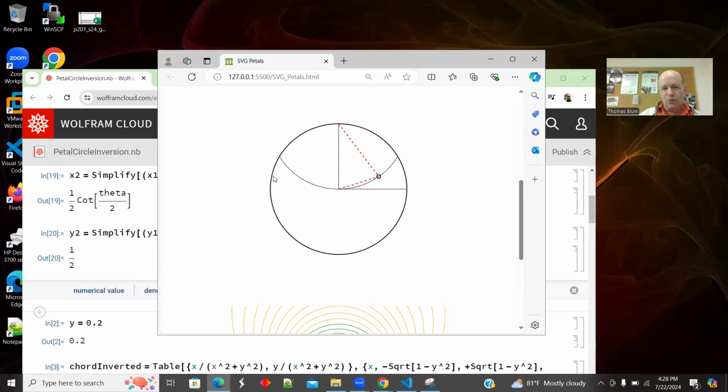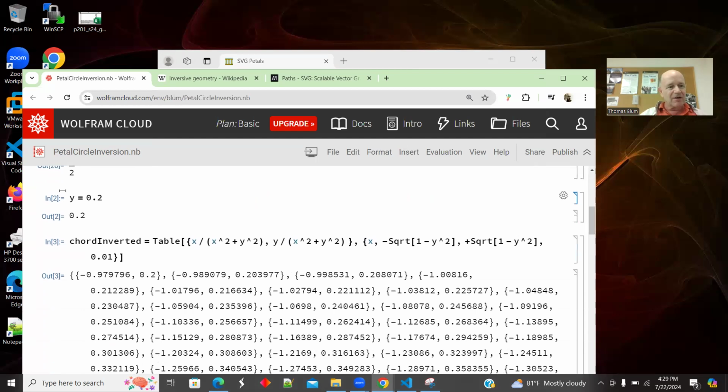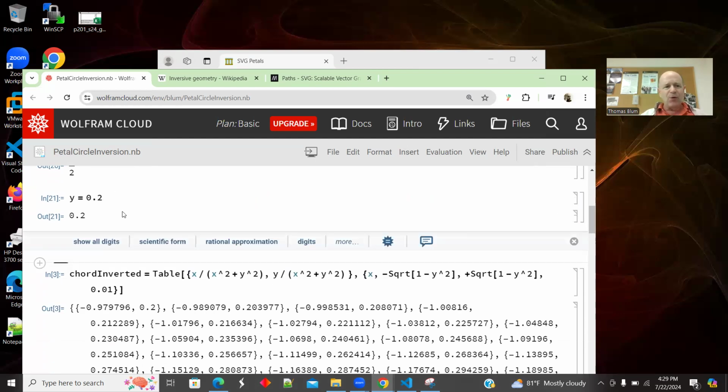But I decided to go more general and just take any horizontal chord and see what it mapped onto. So I stayed over here in Mathematica and I chose a y. So this is y of 0.2. It's no special value. The special value we just played with was a half. This is no special value.